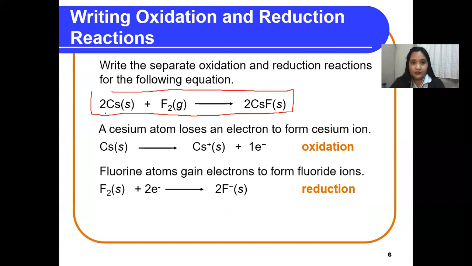Of course, cesium is the one oxidized because it's the one that lost the electron, and fluorine will be the one that is reduced because it's the one that gained electrons. See it here, because your end product will be fluoride ions, which have a negative oxidation number. So it's the one that's reduced because it gained electrons.